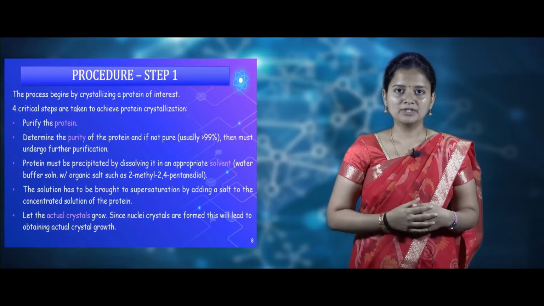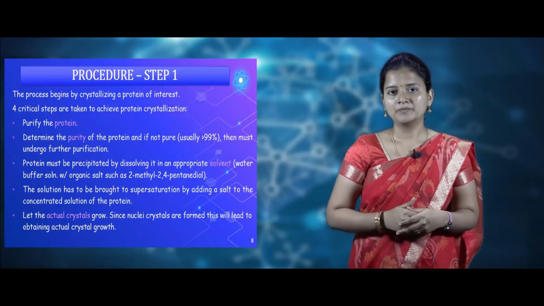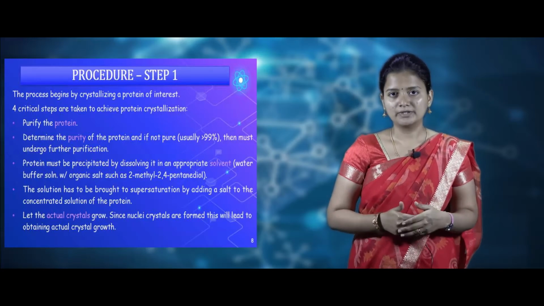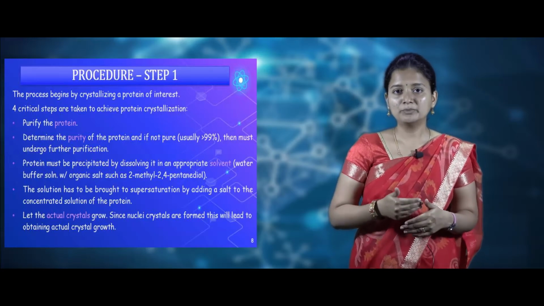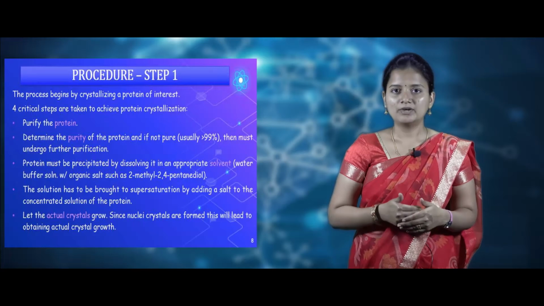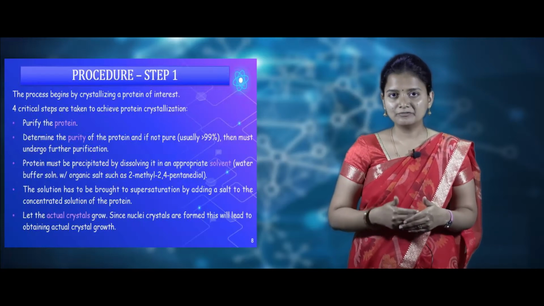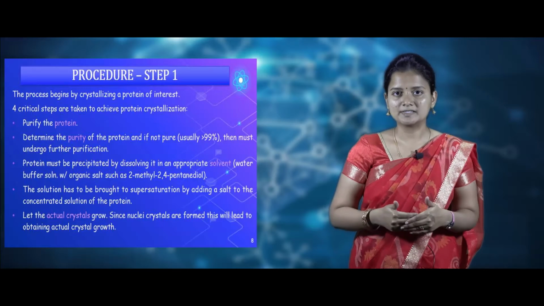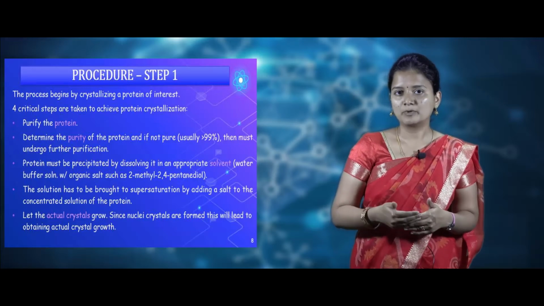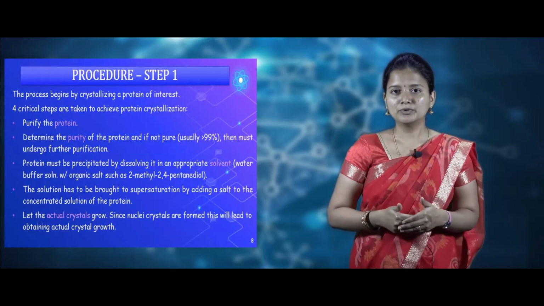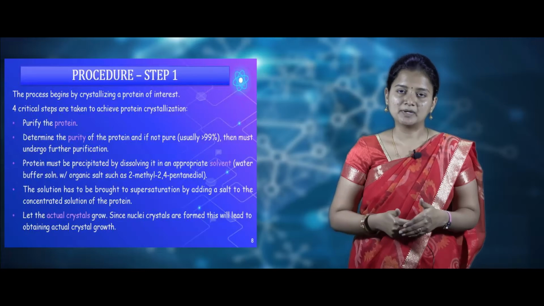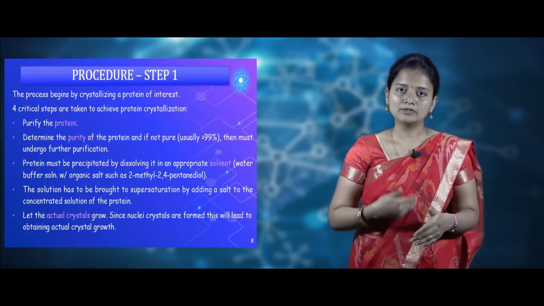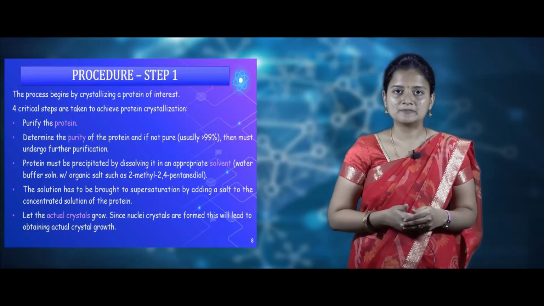Now we are going to see the procedure for X-ray crystallography. If your sample of interest is protein, initially you have to purify the protein and check its purity. If the purity is greater than 99.99%, then you can go on to further processing. If the protein purity is less than 99.99%, then you have to go through another purification process.